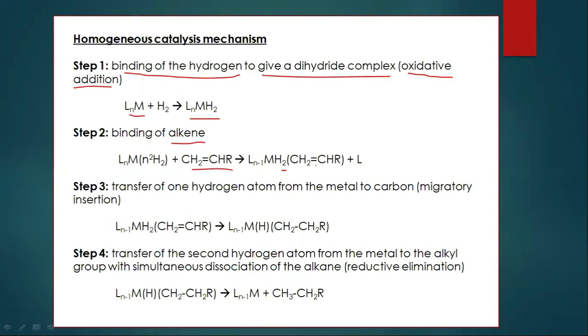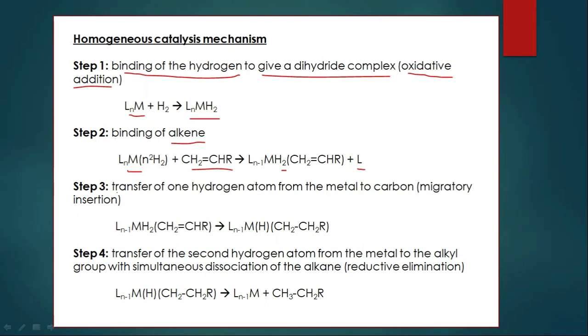As one L has been substituted, the number should be n minus 1. So compared to the starting dihydride complex, it has one ligand less. Ln-1MH2(CH2=CHR) is the binding of the alkene to the dihydride complex, along with the knockout of one of the ligands.